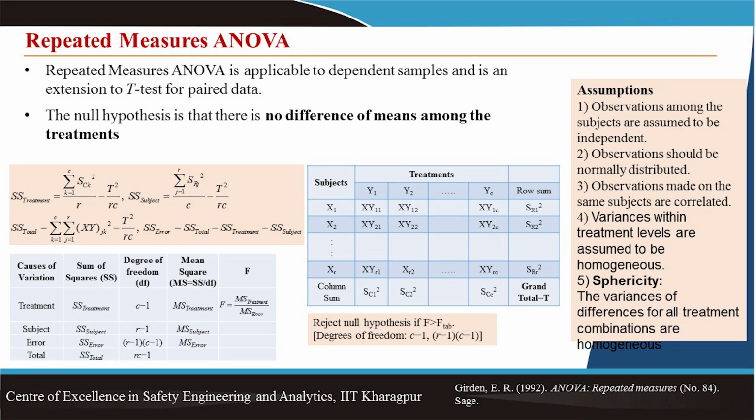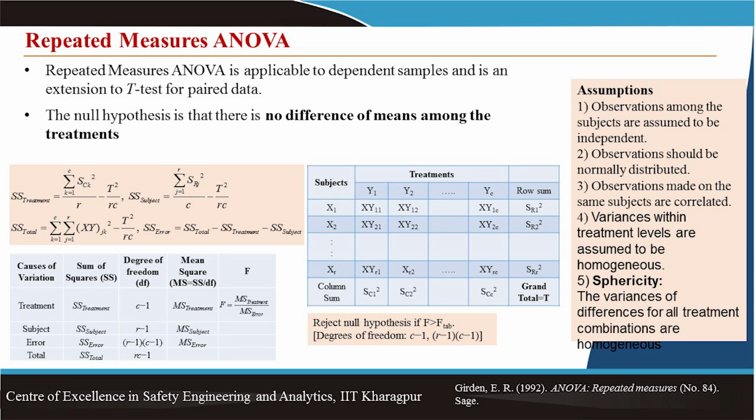This is what we want to test using repeated measures ANOVA, where our null hypothesis H0 is no difference of means among the treatments. We have C number of treatments, y1 to yc, from the treatment point of view. We have R number of subjects.